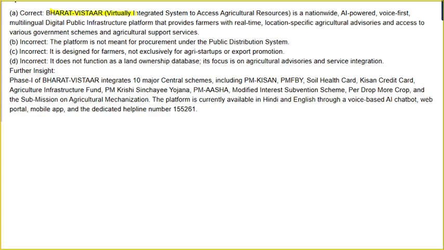Bharat Vistar, Virtually Integrated System to Access agricultural Resources, is a nationwide AI-powered voice-first multilingual digital public infrastructure platform that provides farmers with real-time location-specific agricultural advisory and access to various government schemes and agricultural support services. The platform is not meant for procurement under the public procurement system.